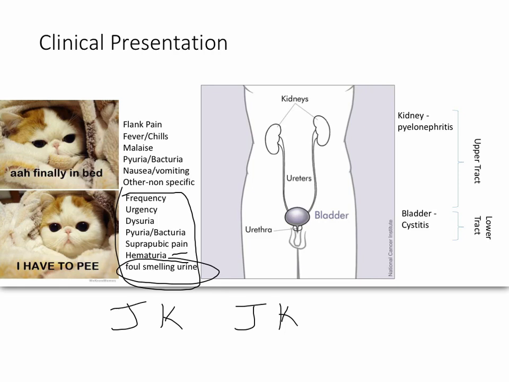Now I'm going to point out one more thing. All of these symptoms of cystitis are usually also present in pyelonephritis. And it's not extremely uncommon to have a pyelonephritis and then it turns into a cystitis simultaneously. However, the typical natural history of the disease is that it travels upstream instead of downstream.